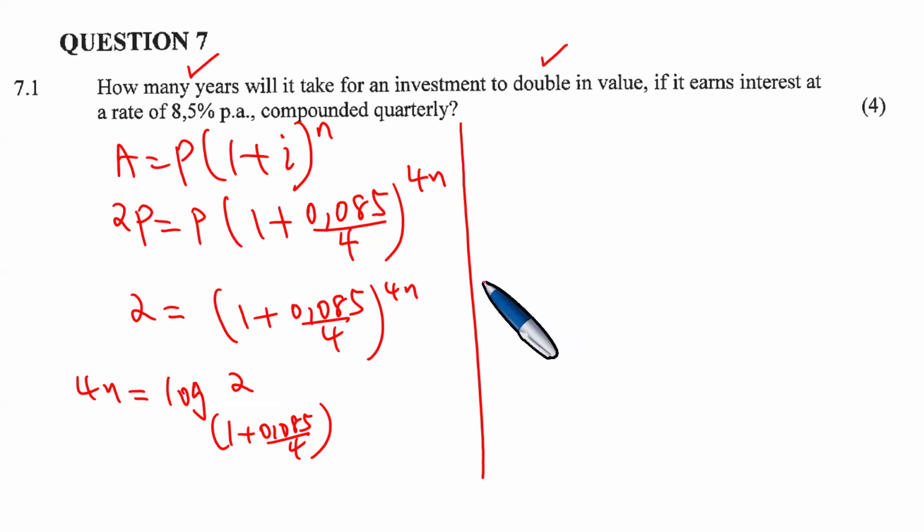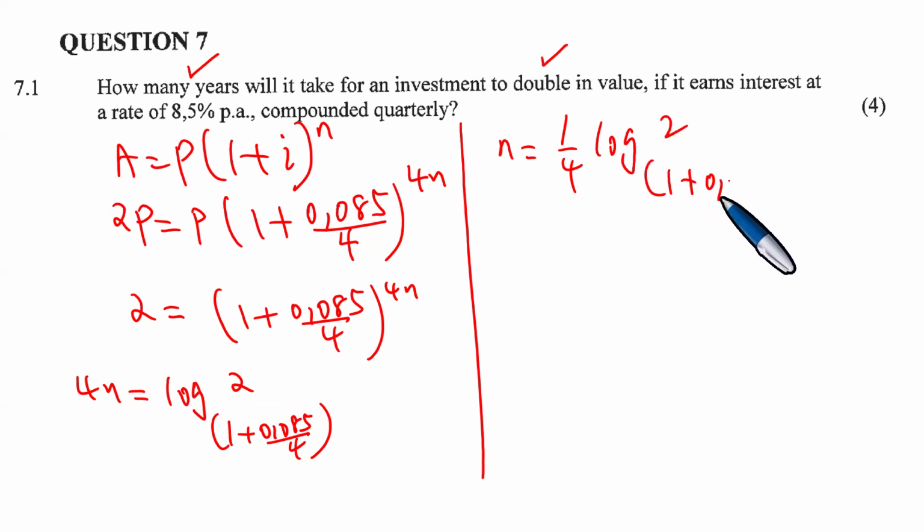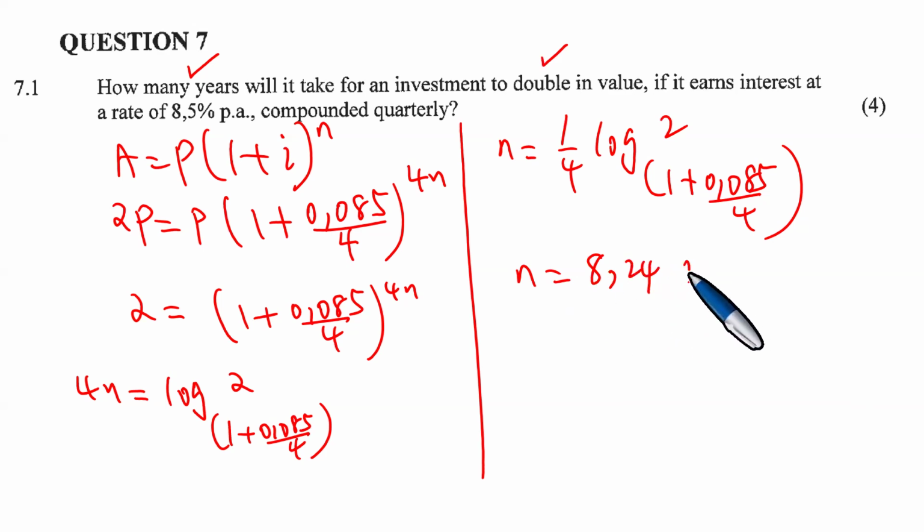To solve for n, you divide by 4, giving us 1/4 times the log of 2 base 1 plus 0.085 divided by 4, with n being the period in years. Using a calculator gives us 8.24 years.